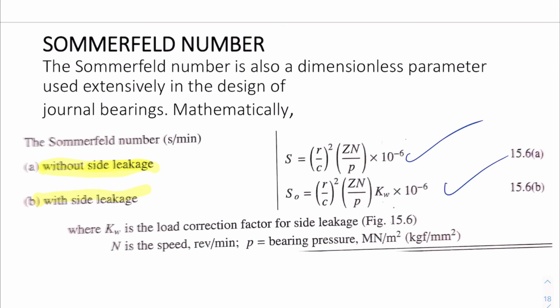That means if you calculate this value and put it into certain standard graphs, you can extract other information. So you will get more details of how you can use this number whenever you come into the design process of a journal bearing. So hopefully the next video will be how you can design a journal bearing with given data.